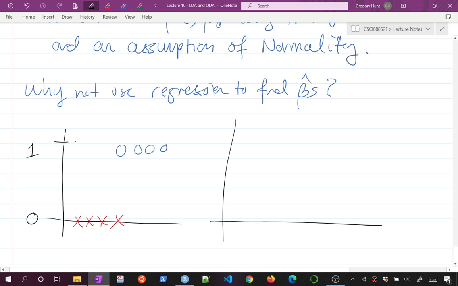And in the other situation, I'm going to do the opposite encoding, where I'm going to encode my red x's as ones and my blue circles as zeros.